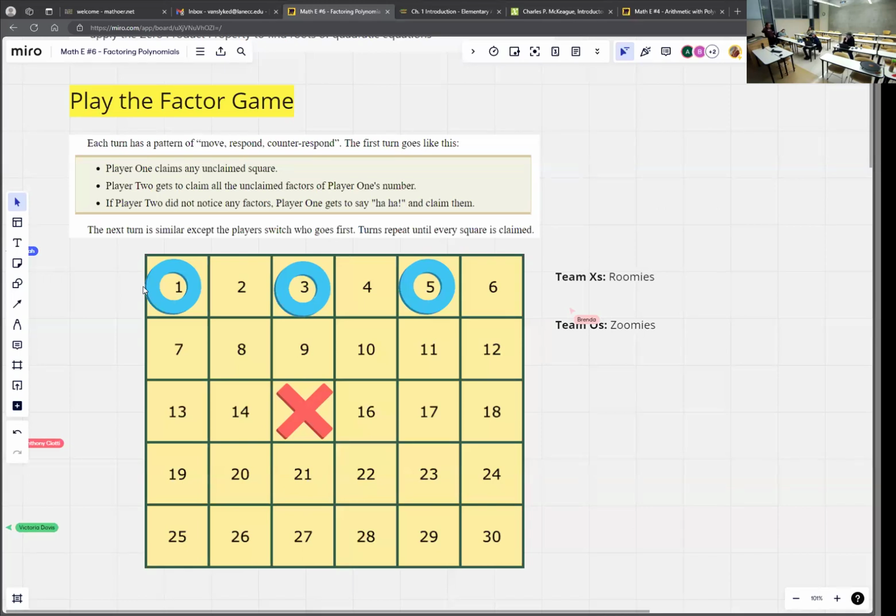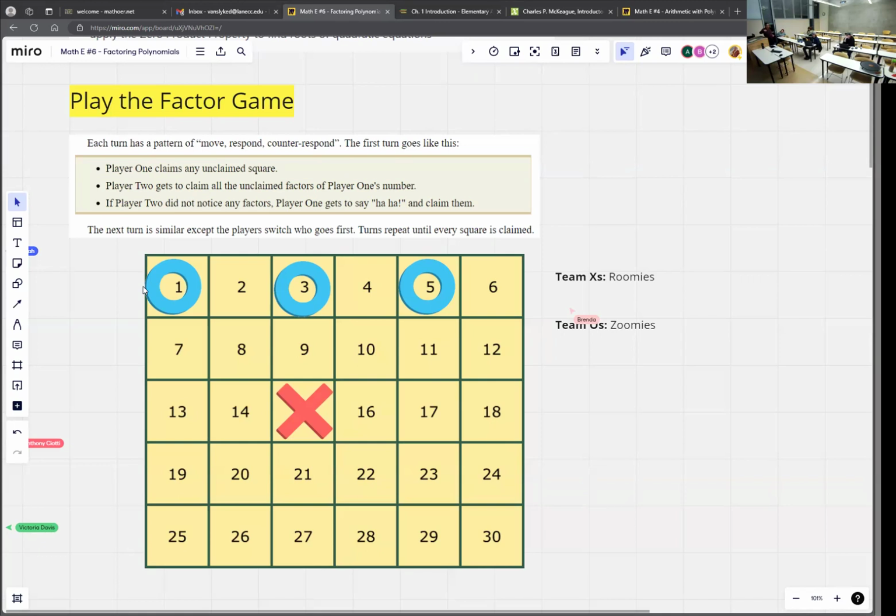Now the O's get to pick any number on the board they want that's not claimed yet, and the X's would get to claim the factors that aren't claimed yet. When you're done, you add up all of the numbers under your shape. So the 30 square is worth a lot more than the 2 square.